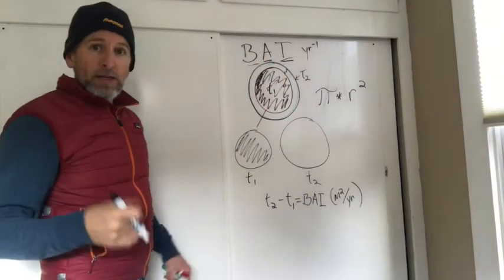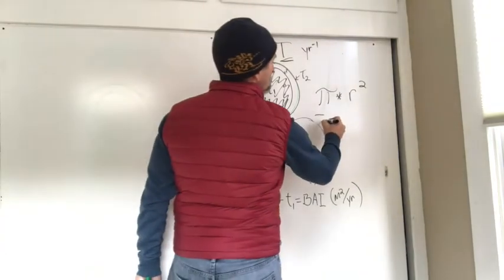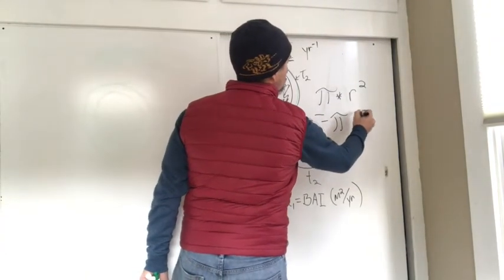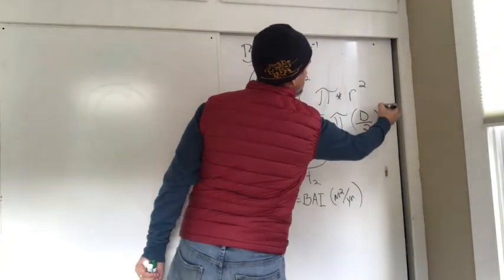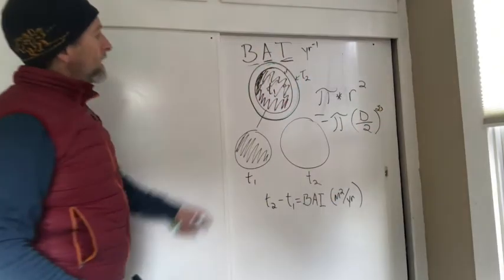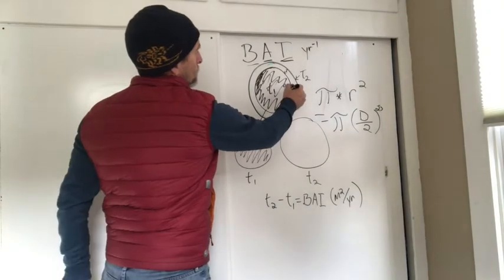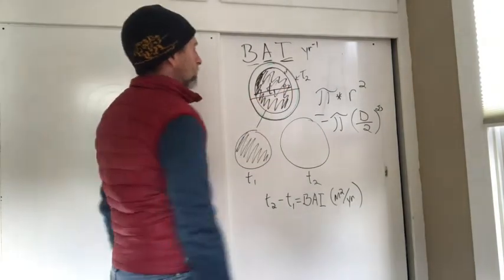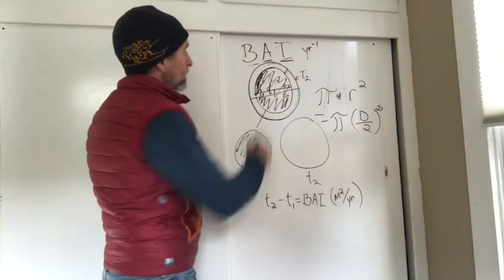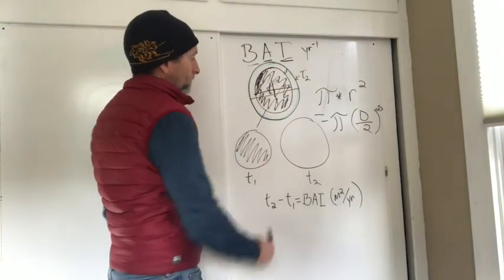Well, another way to think of pi r squared is that this is really pi times diameter divided by 2 squared, right? And so our diameter is all the way across our circle here for time 1, or all the way across our circle there for time 2. Cut that in half, and we have the radius.